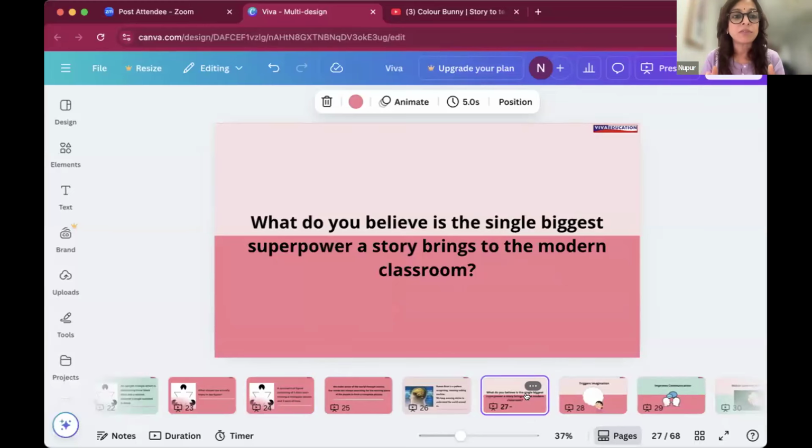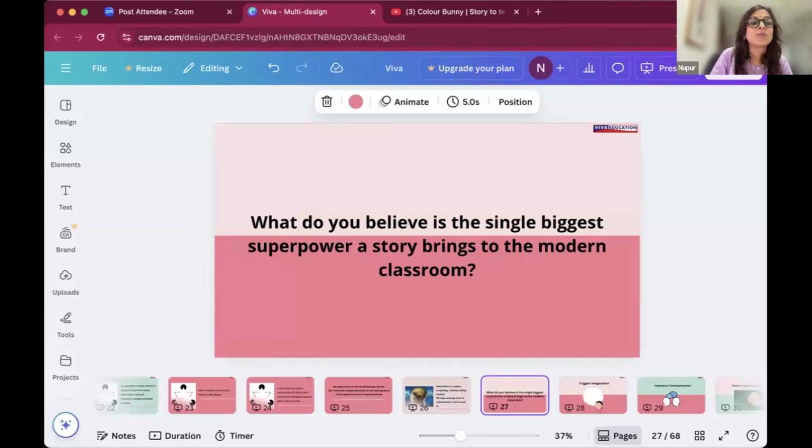What, as an educator, do you believe is the single biggest superpower a story brings to the modern classroom? In simpler words, why should we tell stories in the classroom? And I don't want you to write much. I want each one of you to just put in one thought, that why, as an educator, you think you need to bring stories in the classroom.